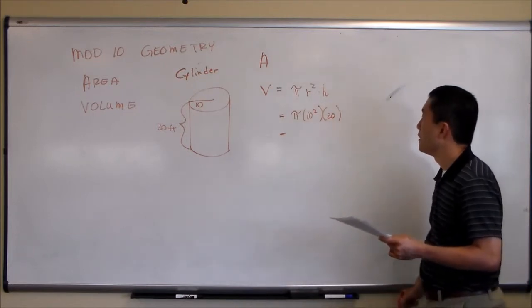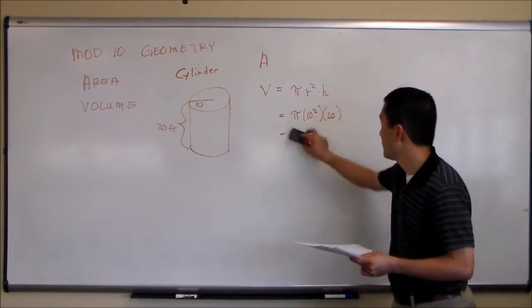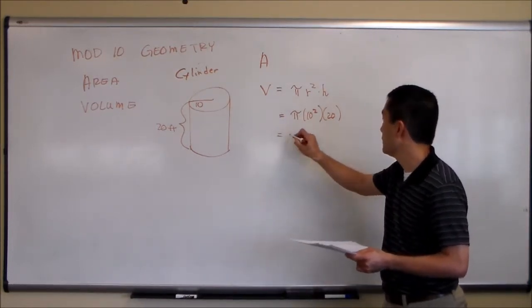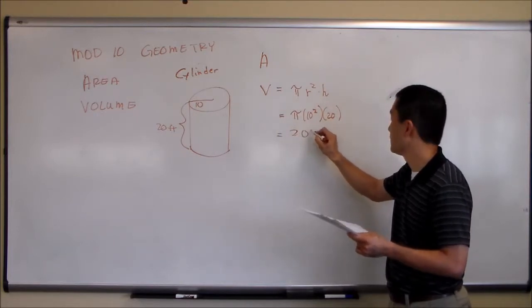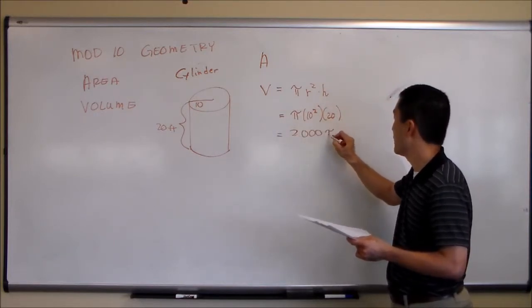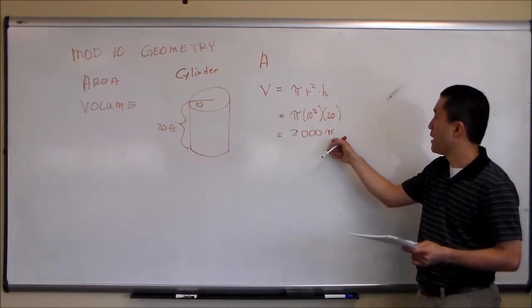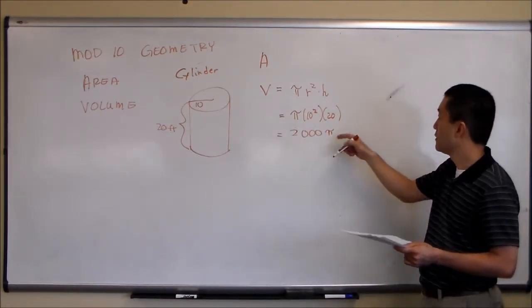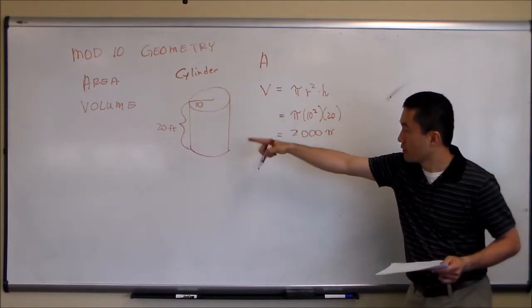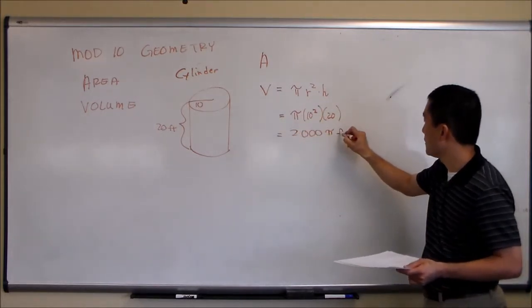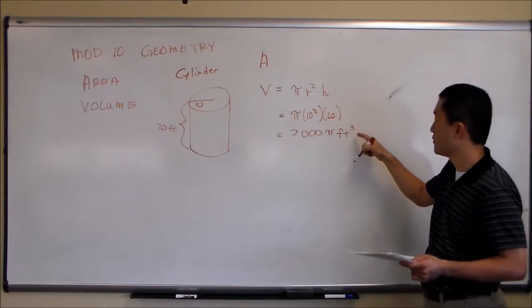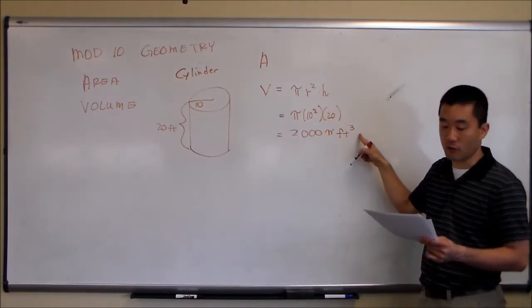Okay. 10 squared times 20, if you do the math, you get 2000 pi, because we're leaving the pi as pi. And the unit for the volume is going to be cubed. And then the unit for the length is feet, so this would be feet cubed. So make sure you put the 3 there for cubed.